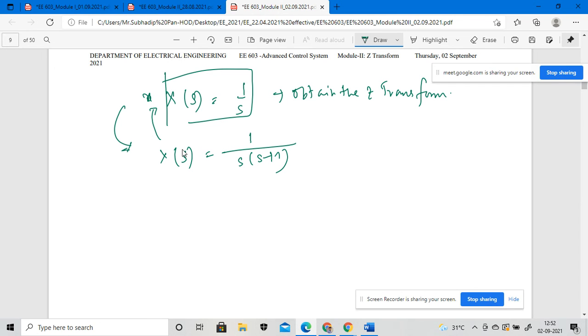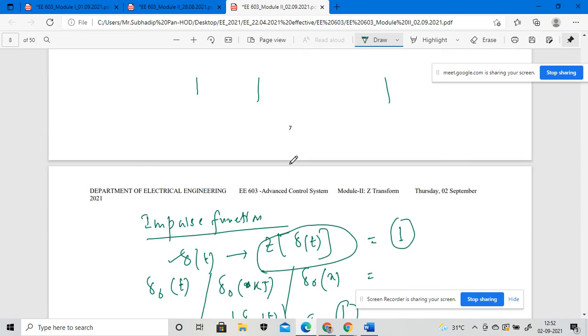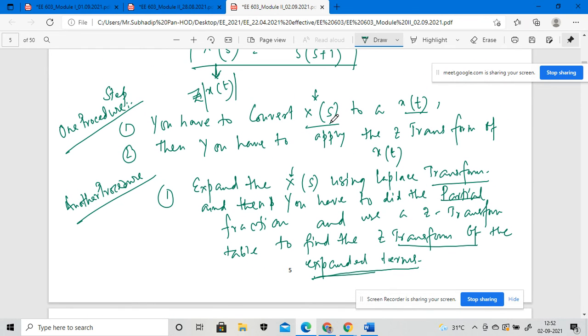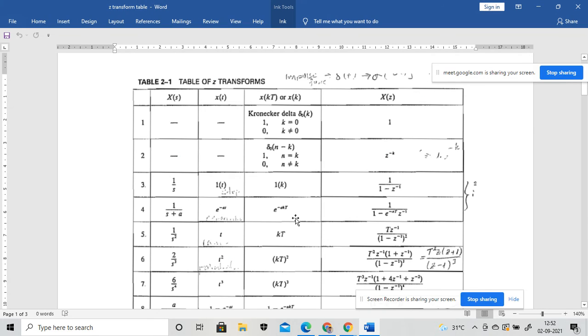Okay. So if we bring this, what we have to do? We have to convert this x of s to x of t. Then you have to apply the z transformation of x of t, right? That means you have to convert the x of s to x of t, then apply the z transformation of x of t. So now, the same thing: it will come 1 of t.